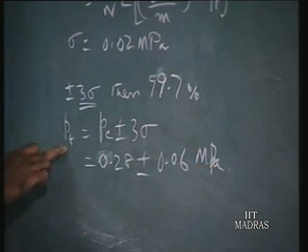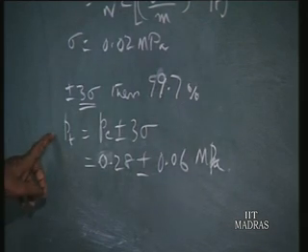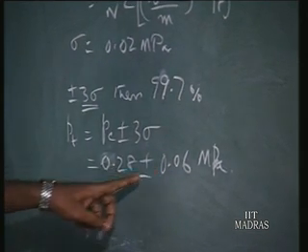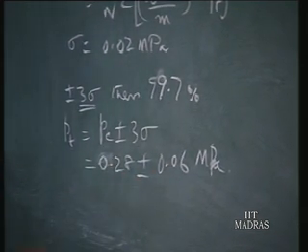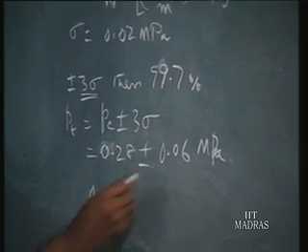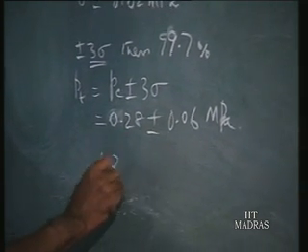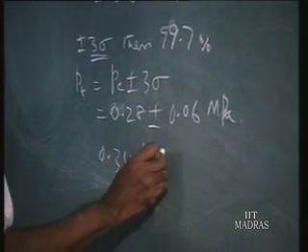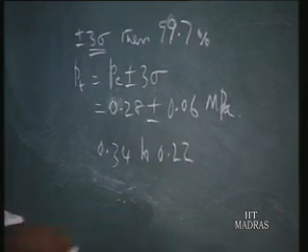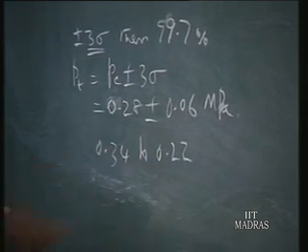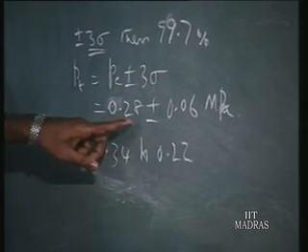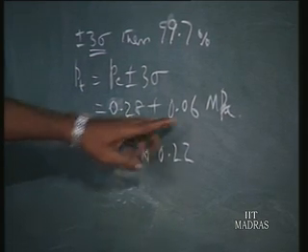Now we find the true reading is 0.3, which is within this limit. It varies between 0.34 and 0.22. That is, the true value lies within this limit of 0.28 plus or minus 0.06.